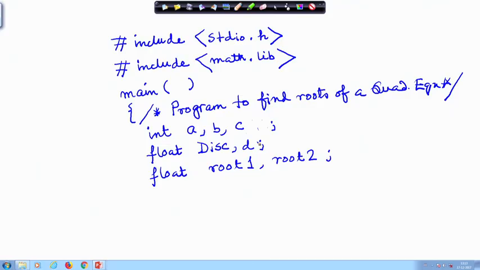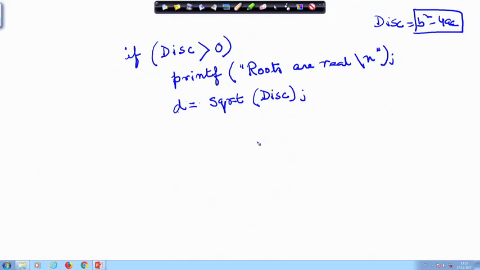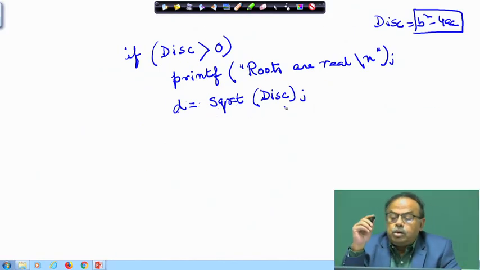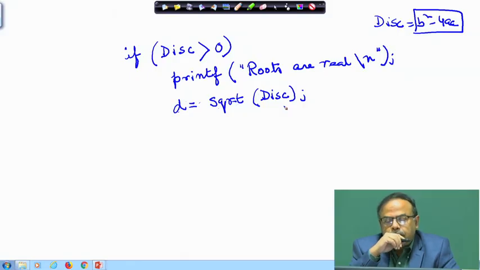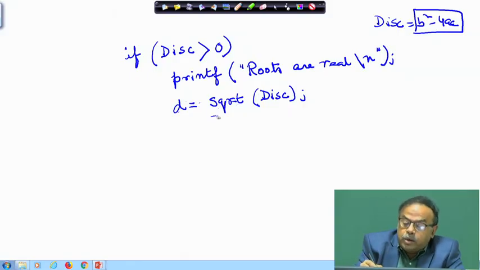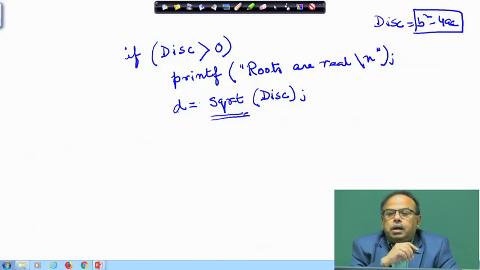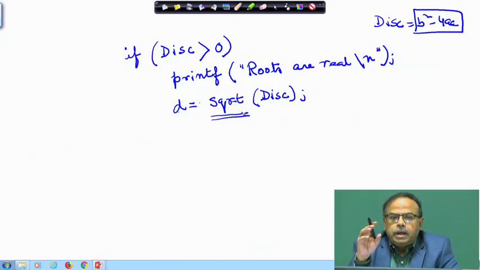So, then I come here, d is square root of the discriminant. Okay. Now, what is this square root? Who will compute this square root? This square root computation is done by an inbuilt function in the C library. The C compiler provides us with a library of some inbuilt mathematical functions, which we can call and invoke whenever we need them.